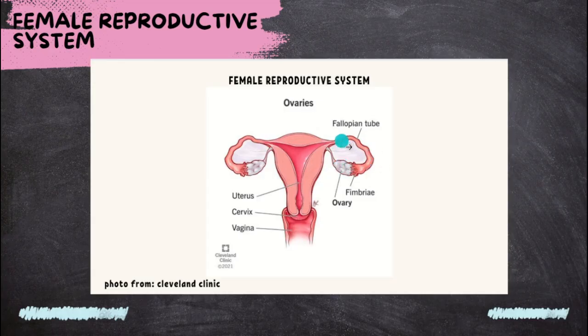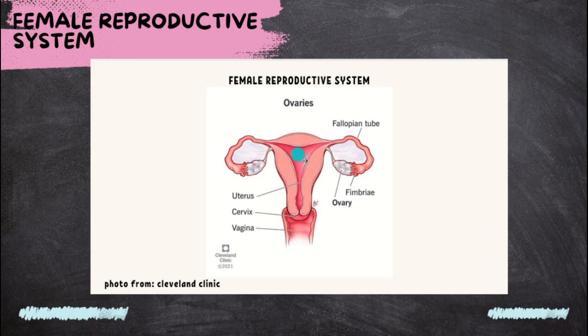And then we have the fallopian tube, which transports the egg from the ovary to the uterus. The main process is for the egg to be implanted in the uterus. That is how somebody gets pregnant, right? The egg travels from the ovary through the fallopian tube and implants itself on the uterus wall.